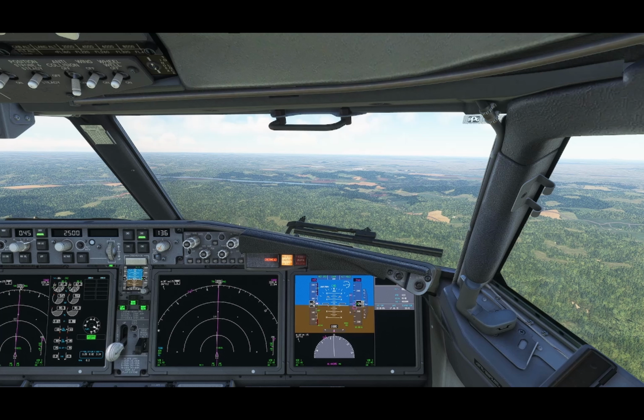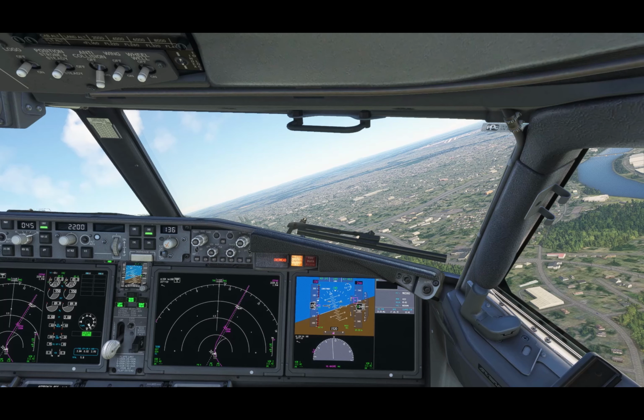Okay, so we were doing a radio navigation approach onto runway 13. Right here I'm going to stop the sight picture, but as you can see, your runway is in sight. This is the point where you want to start taking in your glide slope picture.